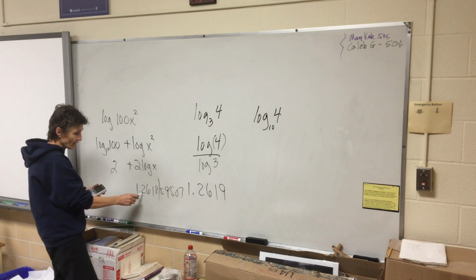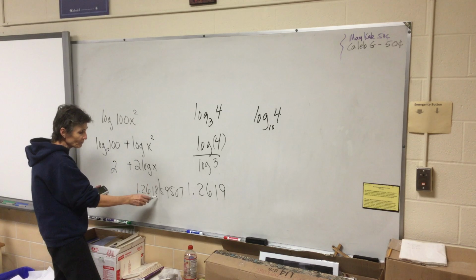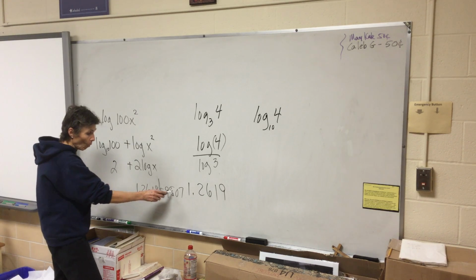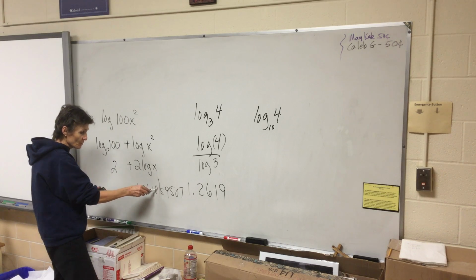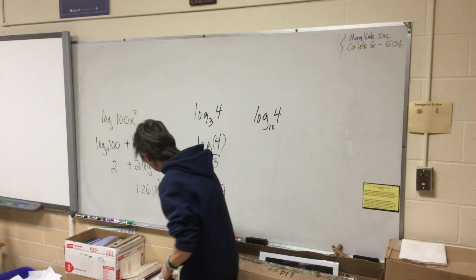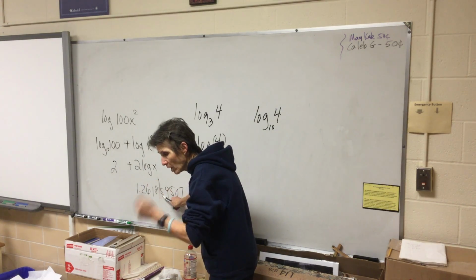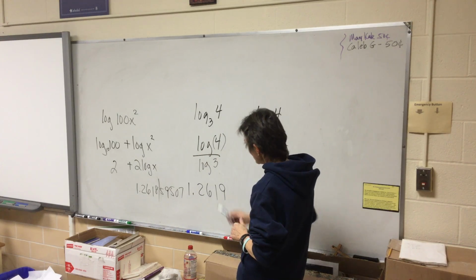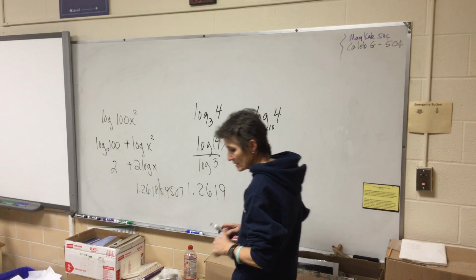So there's my 4 decimal places. After it, I have a 595. I have more than a half, so this gets rounded up. If this number right here is a 5 or higher, you're going to go up. So that's why I got 1.2619.